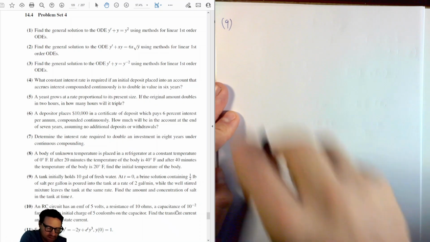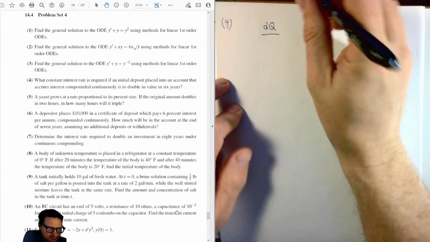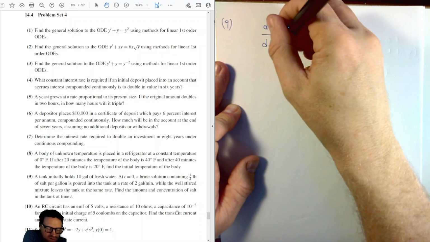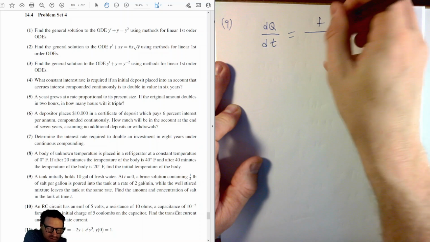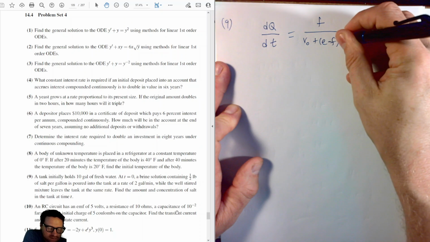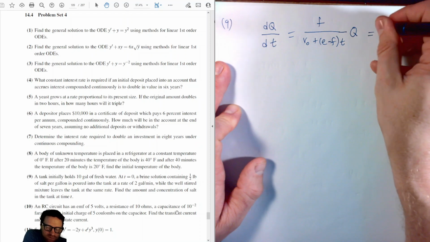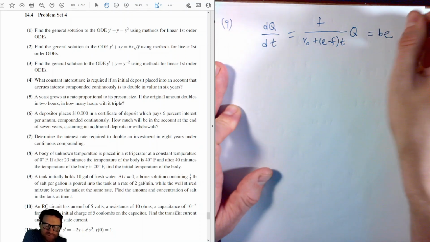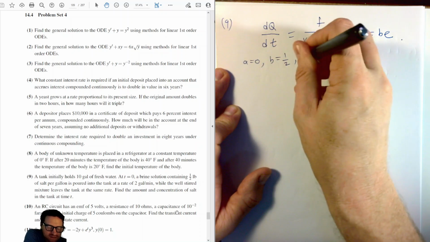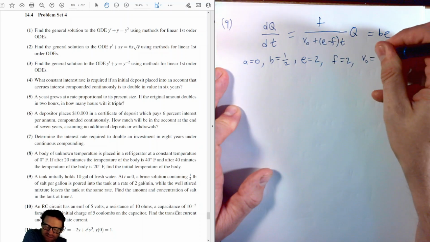Okay, well, we're given in the Schaum's Outline series, which is where these problems come from, an equation dq/dt equals f over (v0 plus (e minus f)t) times q equals b times e. Here we've got a equal to 0, b equal to 1/2, e equal to 2, f equal to 2, and v0 equal to 10.